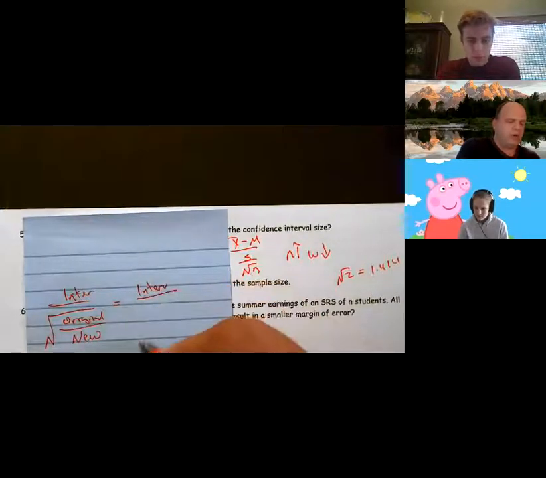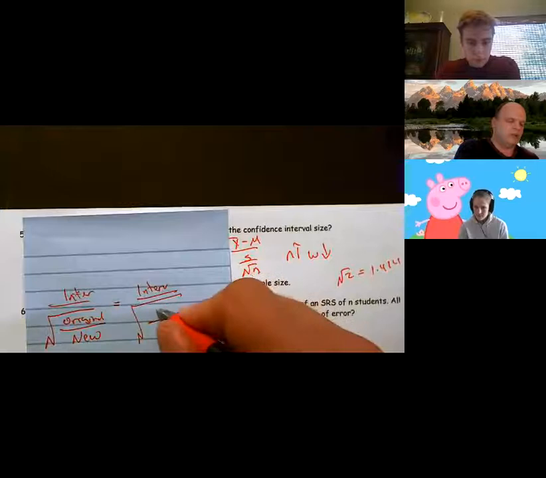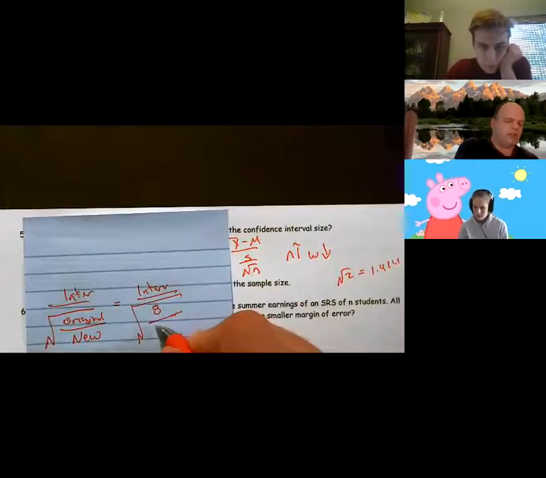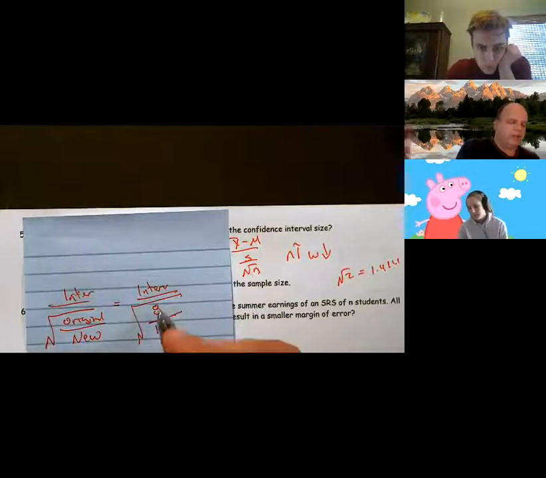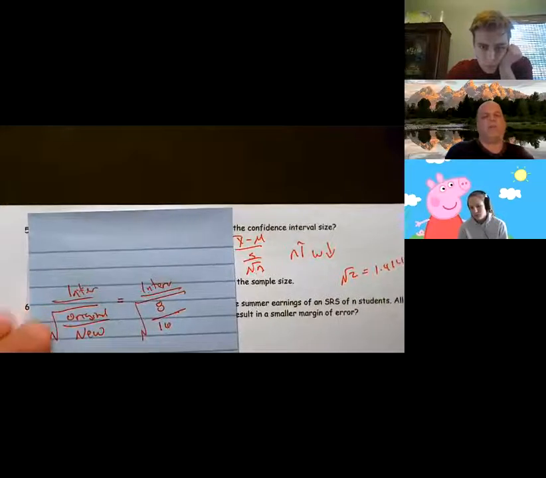Well, if our original happened to be of size, I don't know, let's say 8, and we doubled it, that would be 16. So that would be 8 over 16 is 1/2. And when I do that, I end up dividing by 1.414.